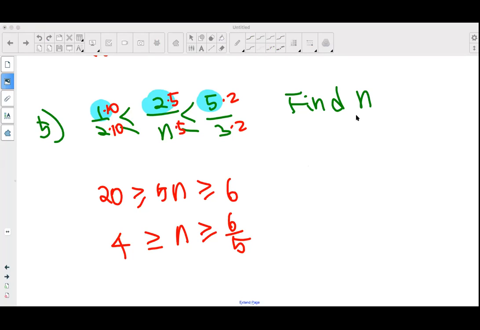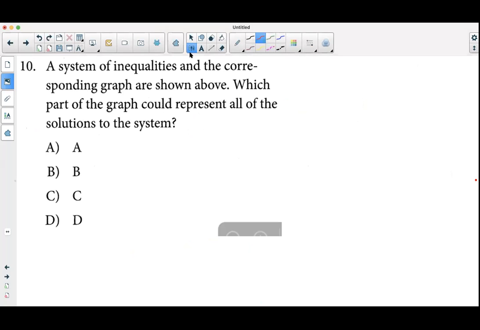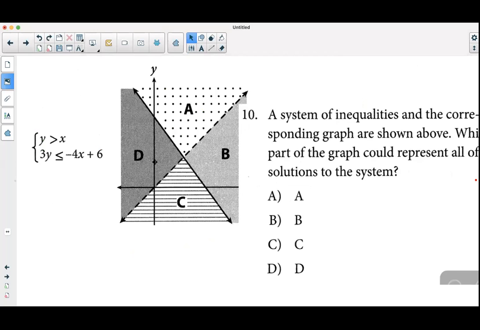Now, how about a couple other questions here? One of the popular ones these days that deals with inequality was something like this. They give you an inequality. What I mean by that is this.